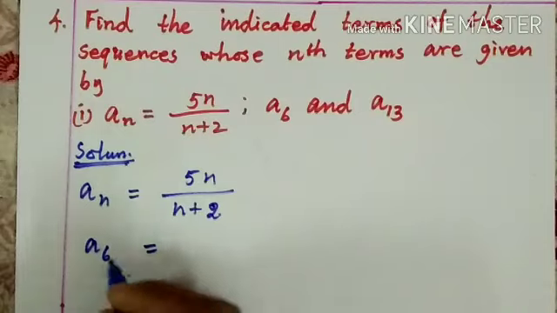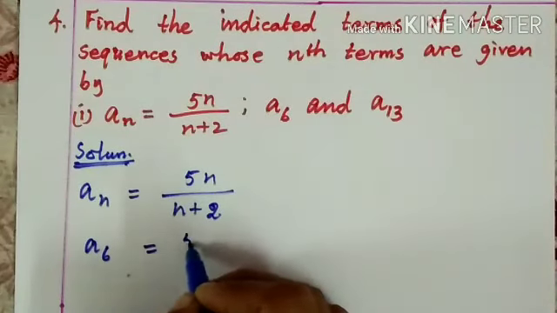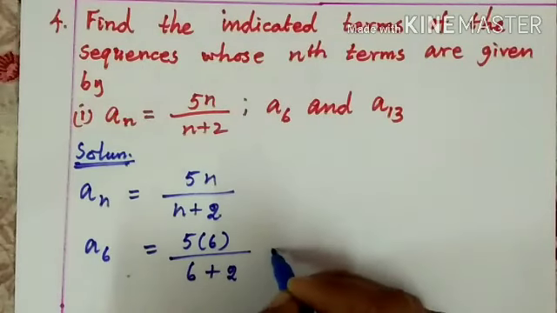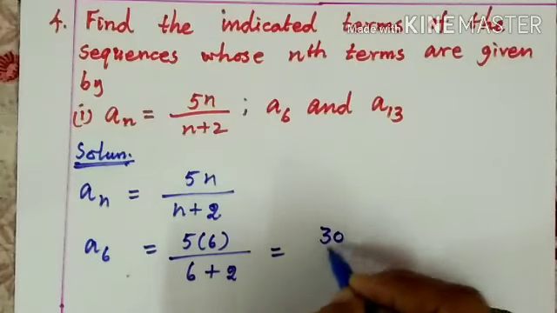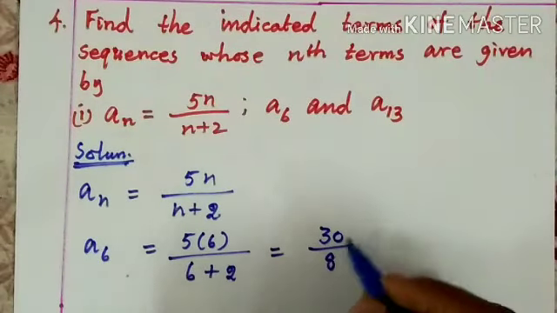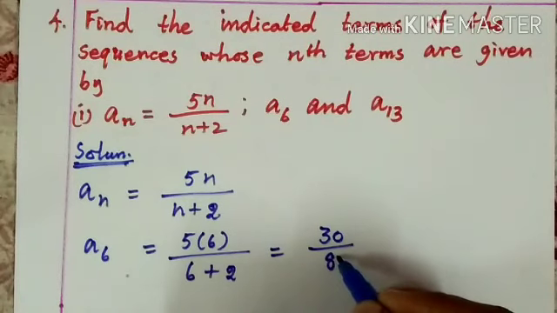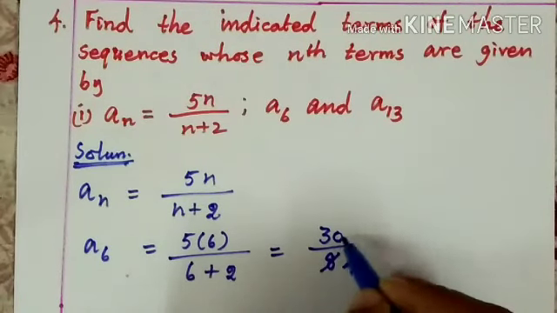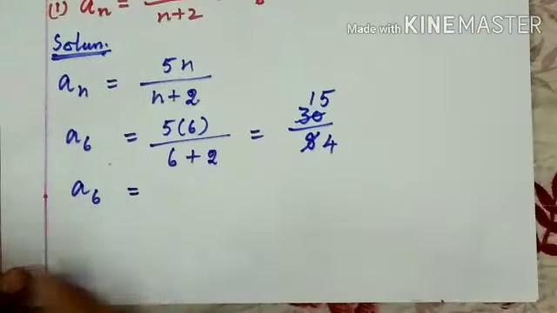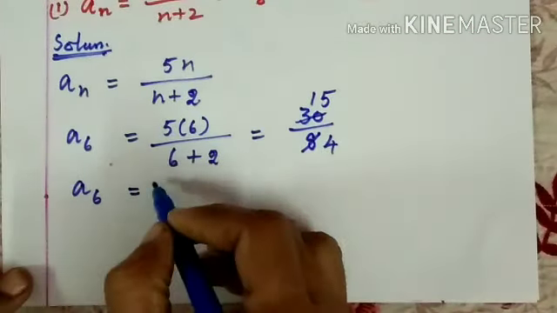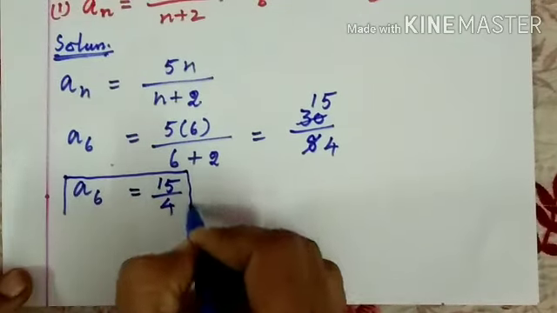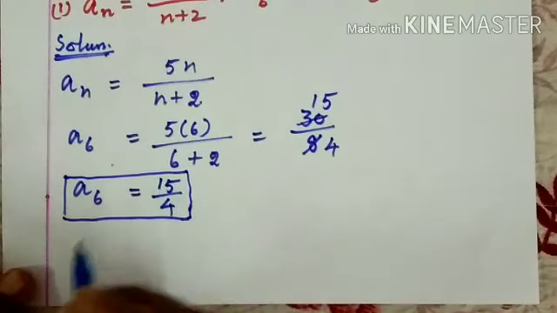For n you put 6, that is 5 into 6 by 6 plus 2, which is equal to 30 by 8. Now you have to cancel this by 2 table. 4 2s are 8, 15 2s are 30. Therefore, the value of A6 is equal to 15 by 4.